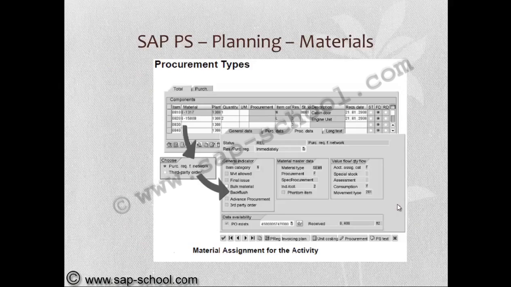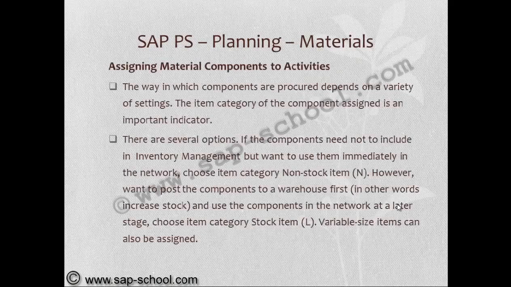How this will be defined is with the help of the procurement key. In the procurement key, we are clearly selecting purchase requisition for network like that. Here indicators will be used. Now we'll see the further information on it.